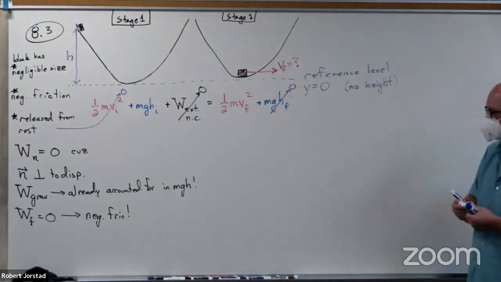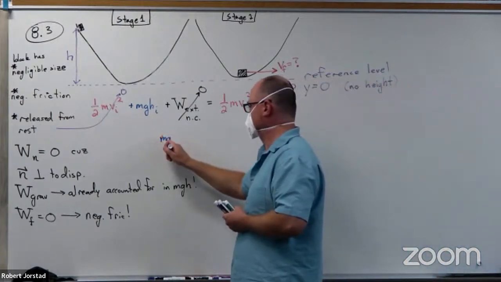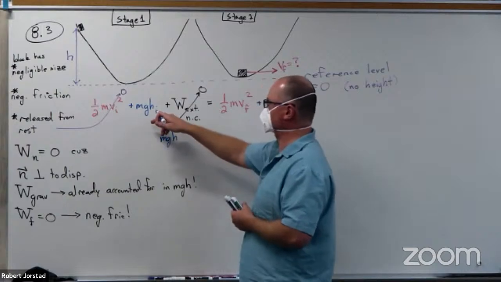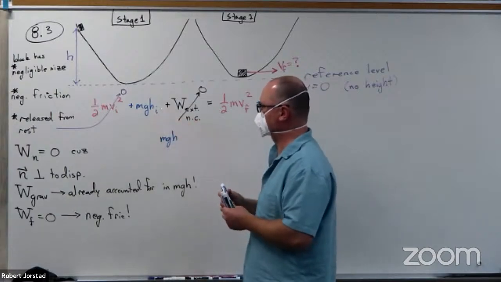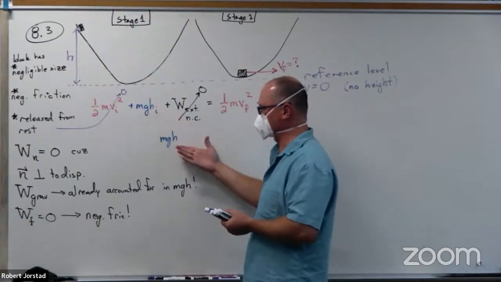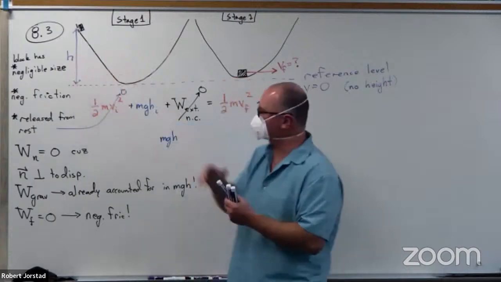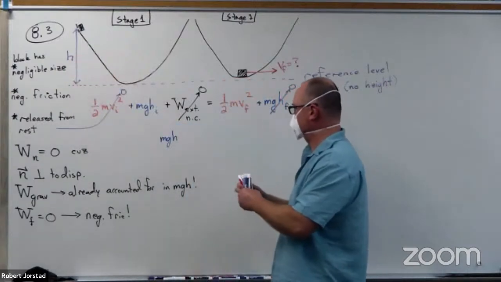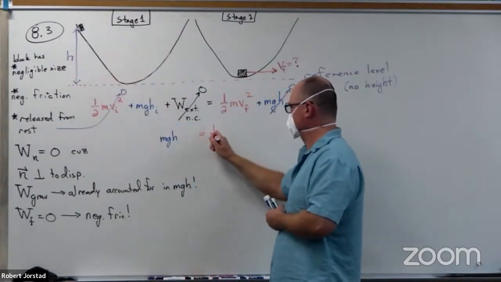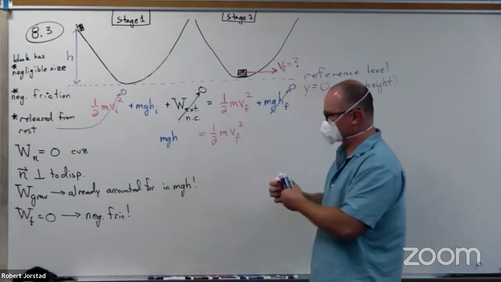Cool. I'm just going to rewrite. What's the initial height for this problem? We called it H. So now instead of calling it h initial, in this problem, height initial happened to be H. Now it's a little cleaner for me to write.